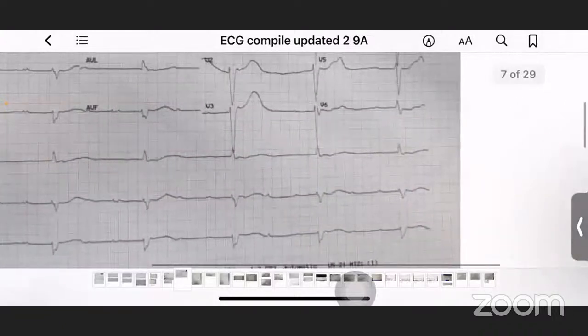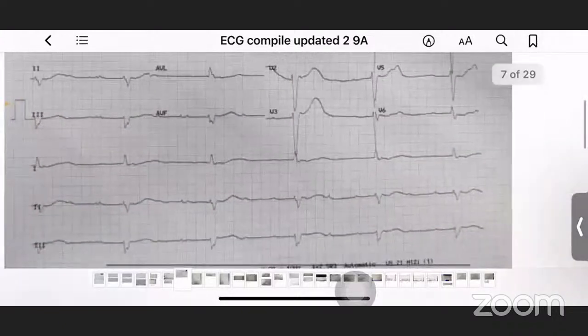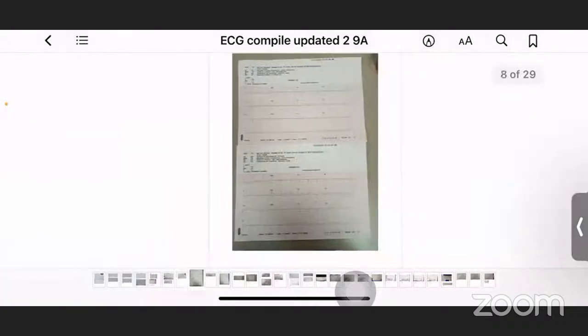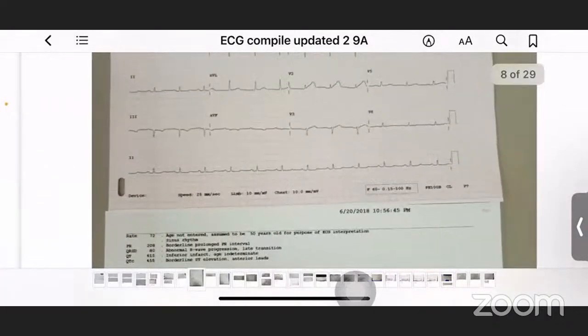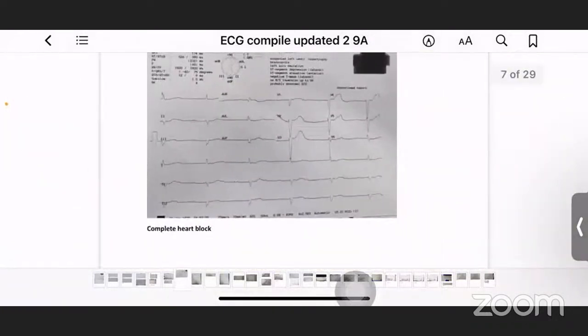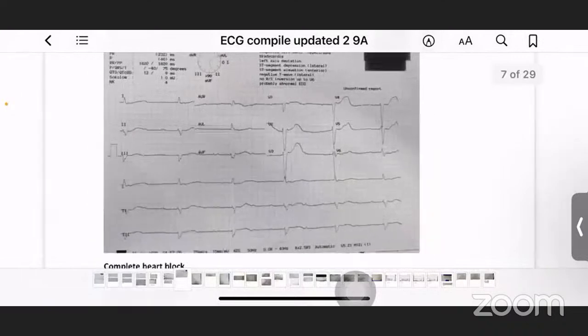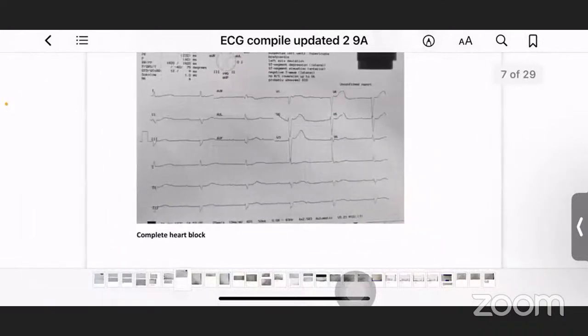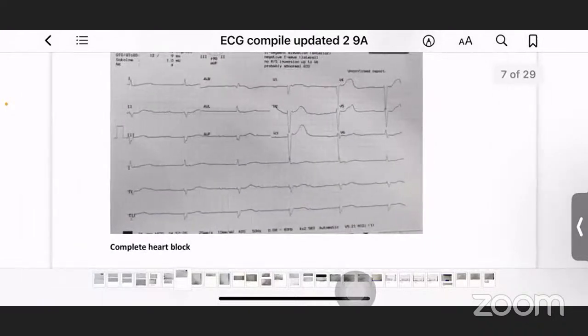And causes of complete heart block include sick sinus syndrome. Sometimes they need pacing, depending on the underlying cause. Inferior MI also can cause bradycardia, and it also can cause heart block because inferior MI will affect the conduction fibers.